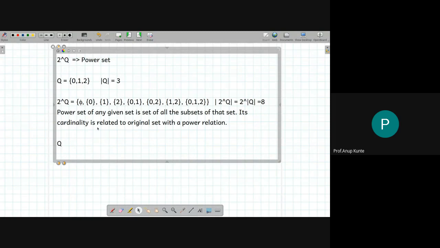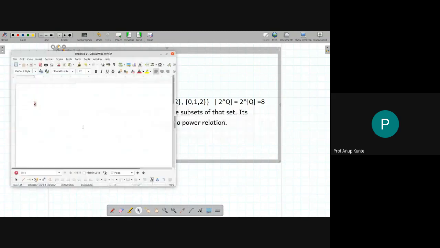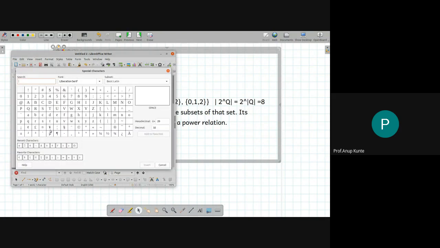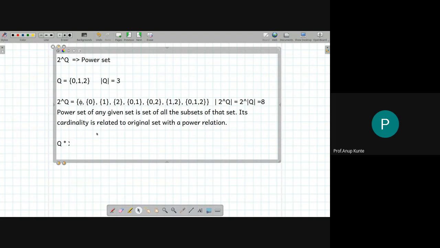Q cross sigma. Okay, again I require a symbol. ये भी लगेगा. So I just have both the symbols copied down. ठीक है, जितना लग रहा है उतना लेता हूँ. I've kept it open, so no problem.